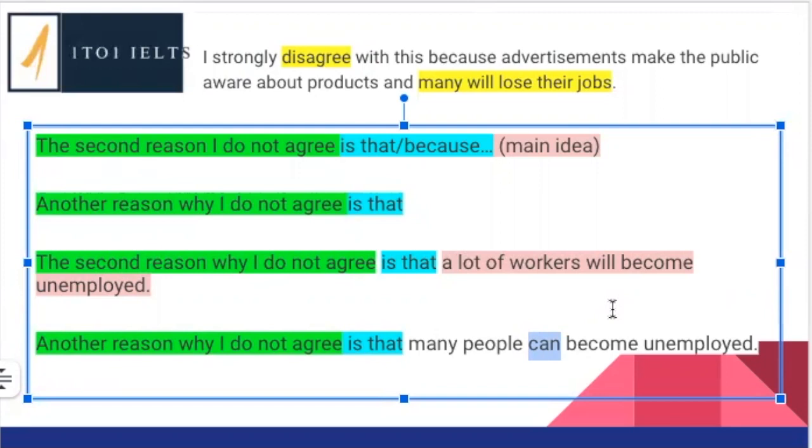We're making a prediction. So we can be pretty sure. If advertisements were completely banned, it's not that many people could become unemployed. They will. So we can maybe say will or are going to become. So these would be a little bit better here.